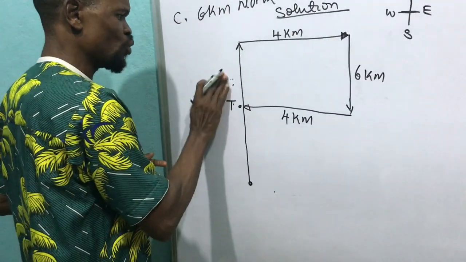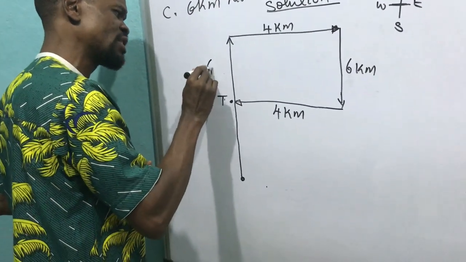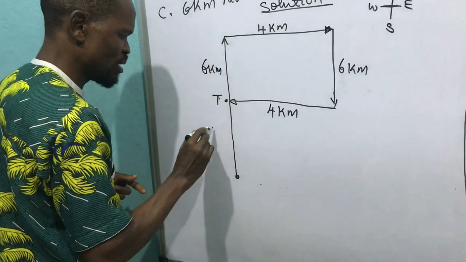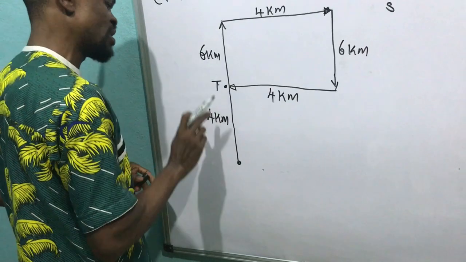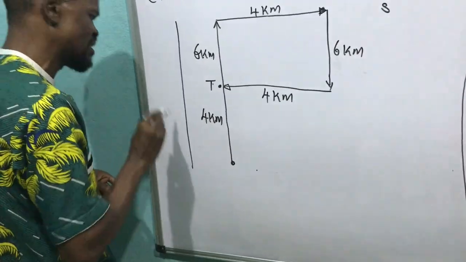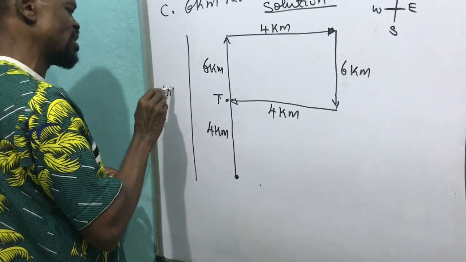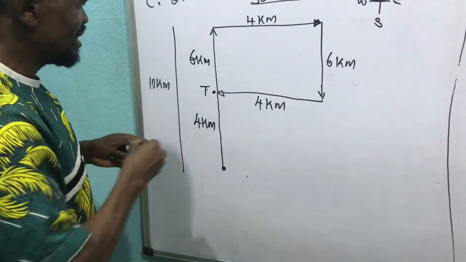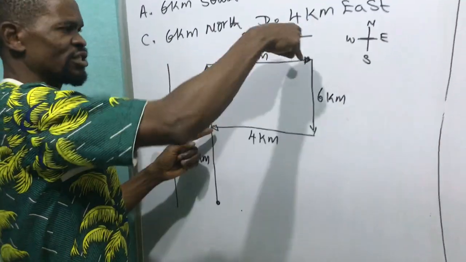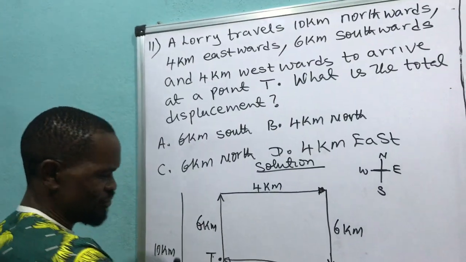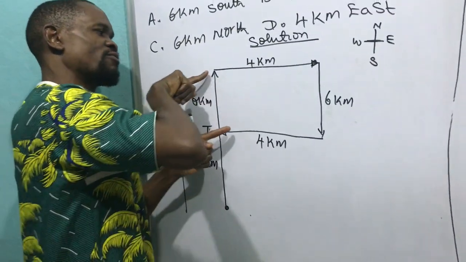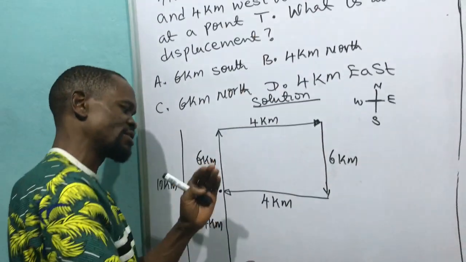That means what will remain here is 6 kilometers, and what remains here is 4 kilometers. This 6 kilometers plus 4 kilometers gives the distance of this, which is 10 kilometers. And this 6 kilometers in positive direction and 6 kilometers in negative direction cancel each other. This 4 kilometers in positive direction and 4 kilometers in negative direction cancel each other.